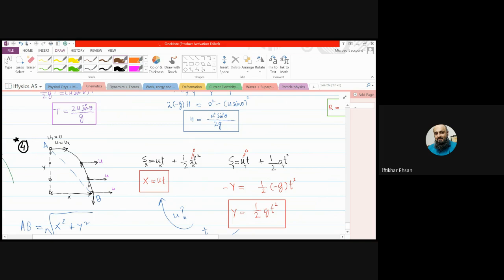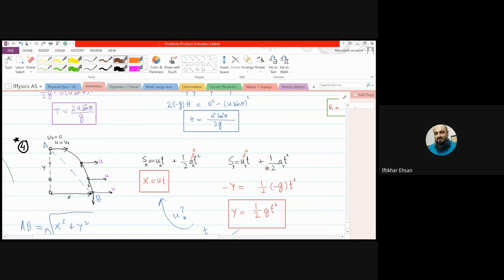And again, when the object moves from this point, let's say A, to this point B, it covers a vertical distance downward as well. For downward, we use again the formula s equals ut plus half at square. In the vertical direction, the initial vertical component will be zero, because initially the movement was purely horizontal. So making that zero, all this part vanishes.